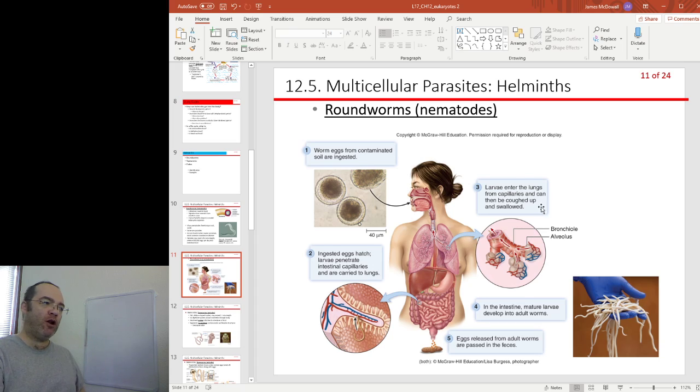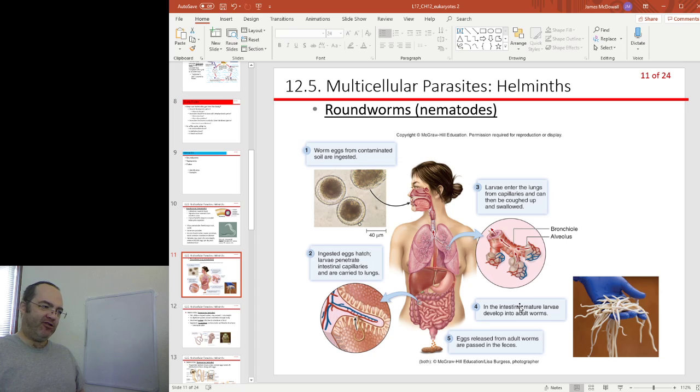It is then swallowed once again, and then it makes its way back into the intestines, and it's in the intestines where the adult worms develop, and they have sexual reproduction. Again, there are male and female worms, and then they produce tons and tons and tons of eggs.